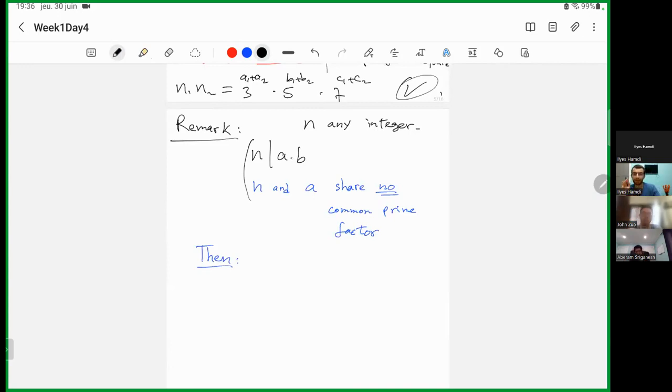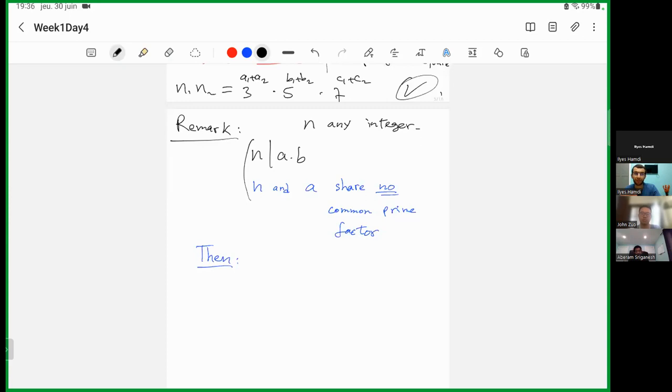So n divides a times b, and I don't know that n is prime, right? n is any integer, so it could be that n divides one of them, a or b. It could be that n divides both, and it could also be that n divides none of them. This I cannot know, but I'm adding an additional condition which says n and a share no prime factor.